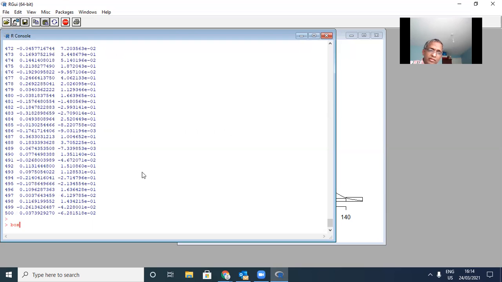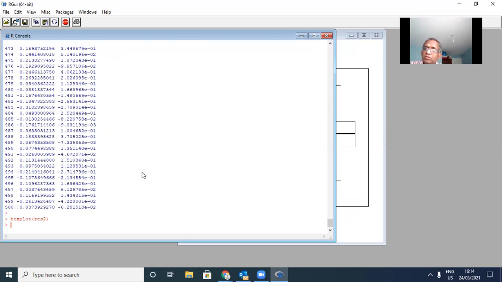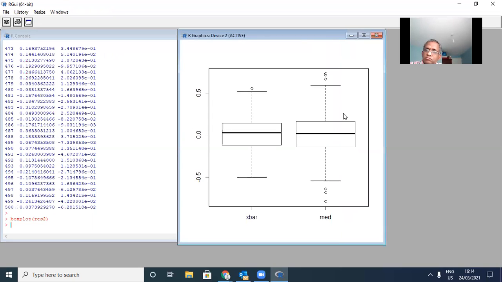Now if you want to compare them, the best way to do that is using the boxplot command. So if you say boxplot in brackets res2, this is what you will get. As you can see, there are two box plots. The first one is for the 500 values of the sample mean. The second one is for the 500 values of the sample median.